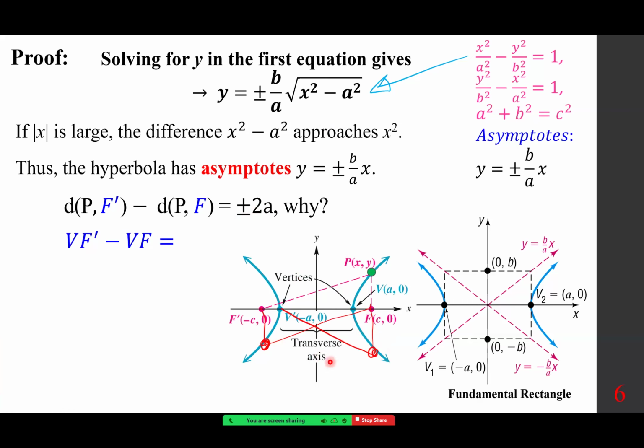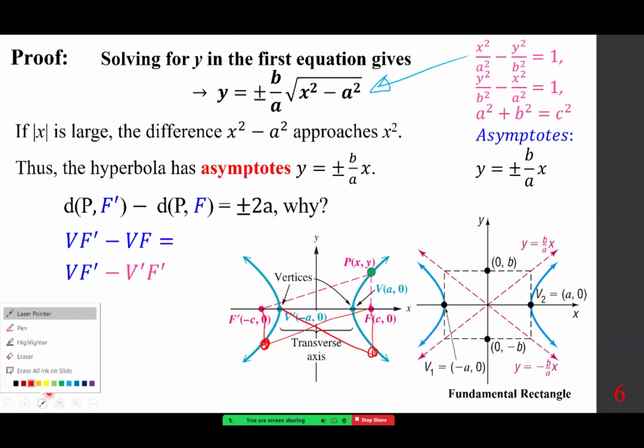And so with that being the case, vf prime minus vf is the same as vf prime minus v prime f prime. This distance is vf, the same as this distance, which is vf prime. Let me go with the green one. This distance, everybody, is the same as this distance.